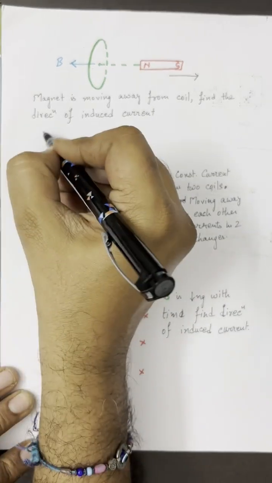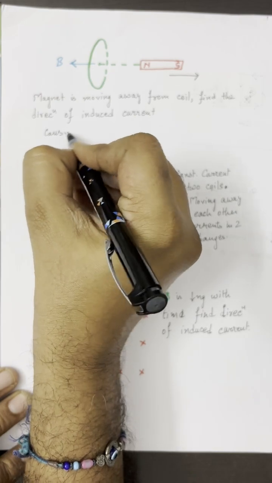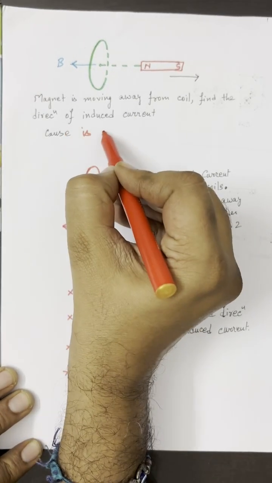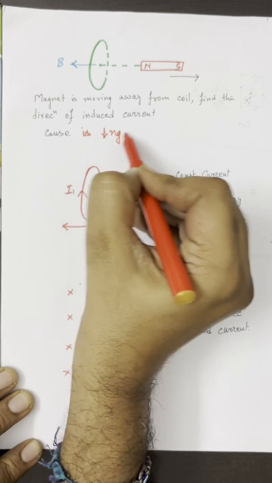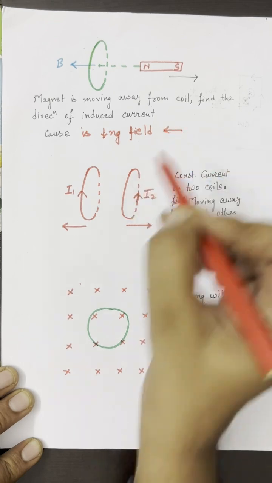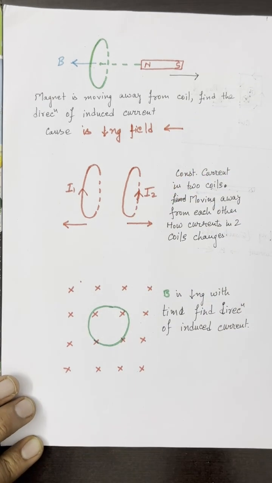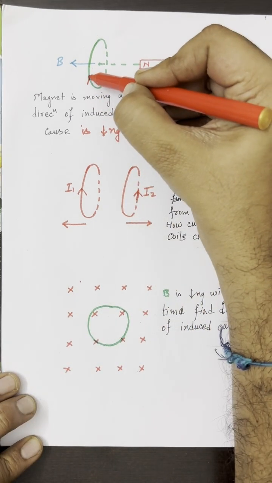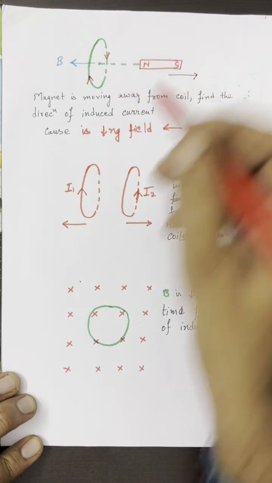So the cause is the decreasing field towards left. So the induced current will produce a magnetic field which is towards left, and for the induced current to produce the magnetic field towards left, the current has to be in this direction.